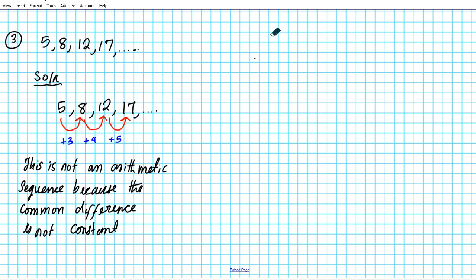Question number 4. Let's say we have the sequence or list of numbers given by -3, -6, -9, -12, and the pattern continues forever. So the first question is, is this sequence arithmetic or not? Well, let's see.